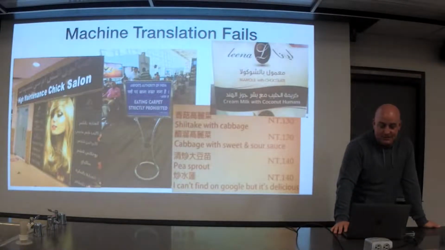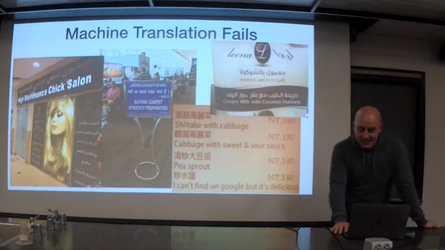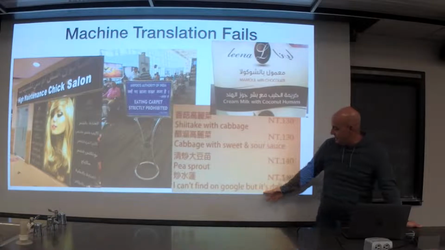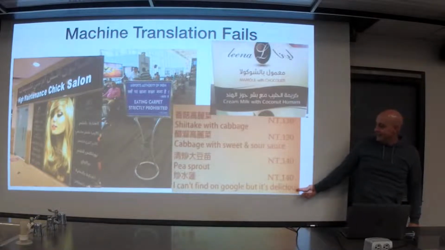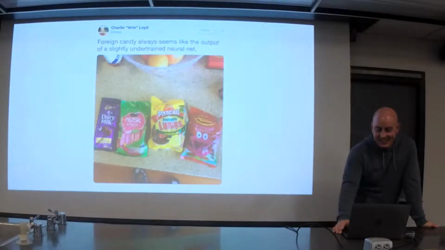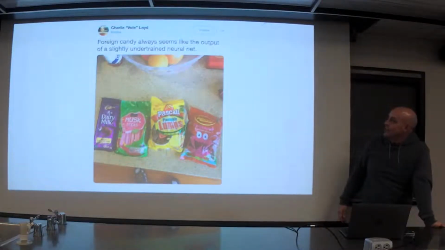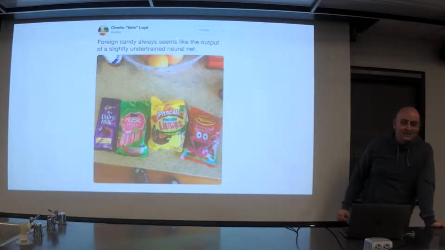If you just go looking around, there are so many funny ones. And I love this right here. I can't find it on Google, but it's delicious. And then I really just love this one: foreign candy always seems like the output of a slightly undertrained neural network.